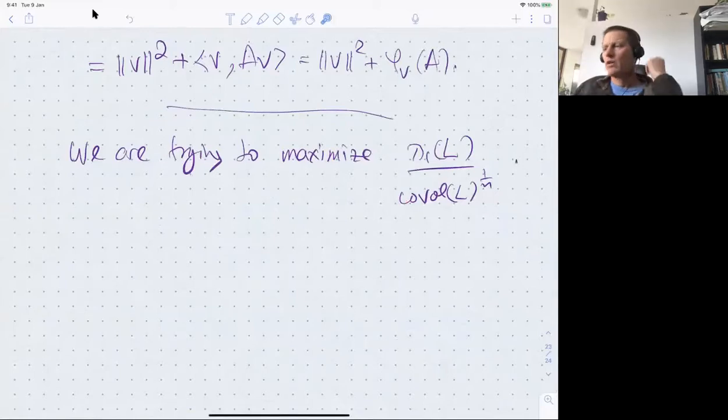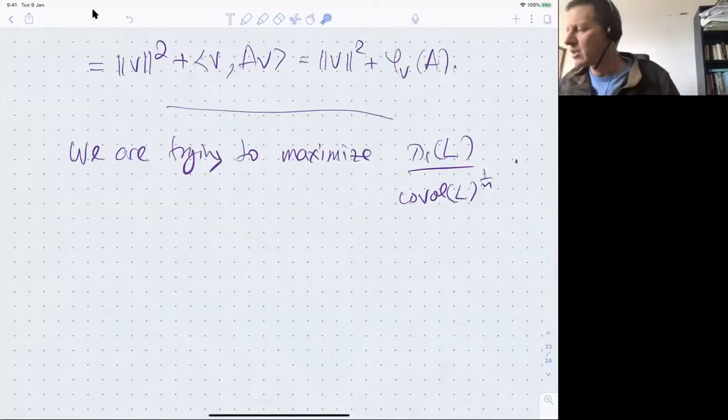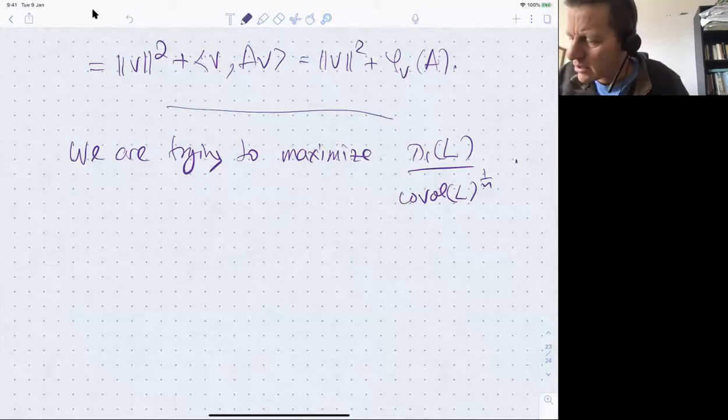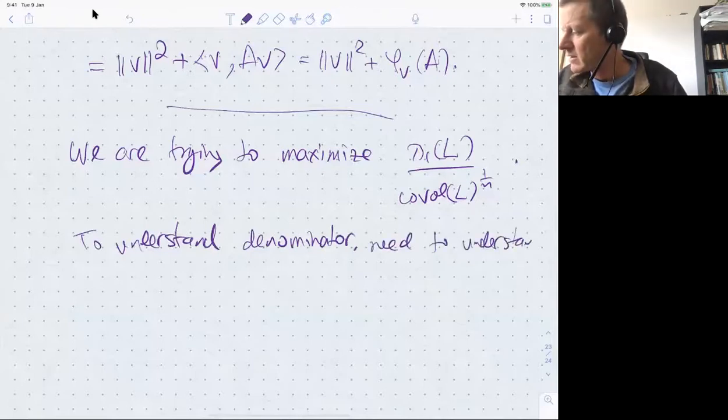So now the co-volume is affected when you replace L by G of L. The co-volume is affected by the determinant of G. So now I want to analyze how the determinant of G behaves near the identity. To understand the denominator, you need to understand the determinant of G for G close to the identity.